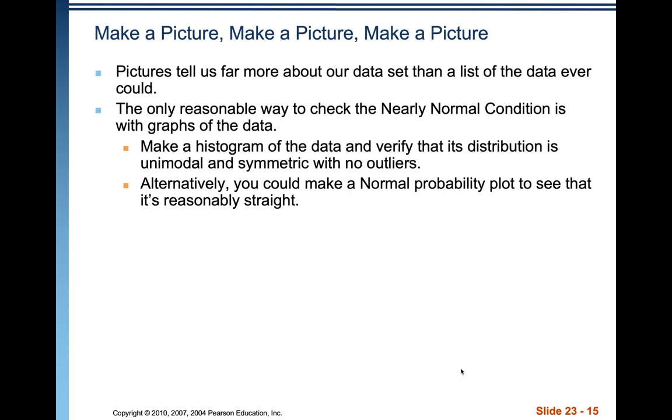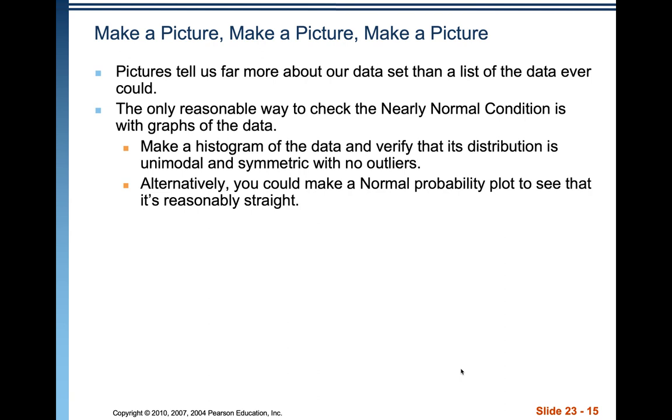So a normal probability plot linearizes data that are normally distributed. So if your data line up in a fairly straight line, that's evidence toward the sample being from a normal distribution, or at least a unimodal and symmetric distribution, which then means it's plausible to say the sampling distribution is nearly normal.